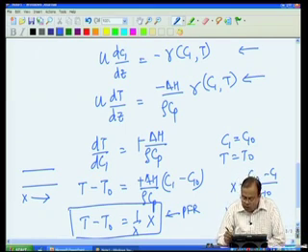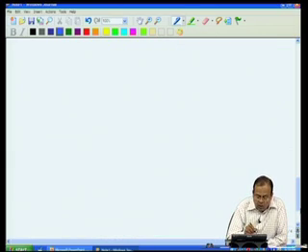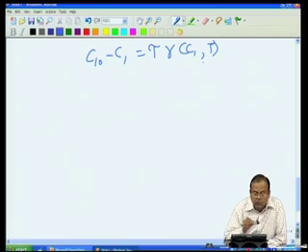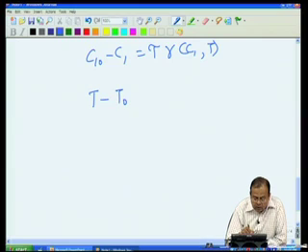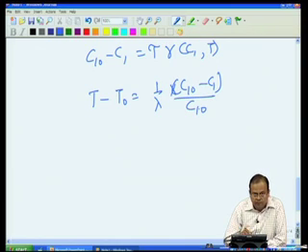So, now how does this help us? Remember, if you look at, for example, the CSTR, we have our balance which is a function of C1 and T, but we also know T is related to the concentration or conversion, which I can write as C10 minus C1 by C10.